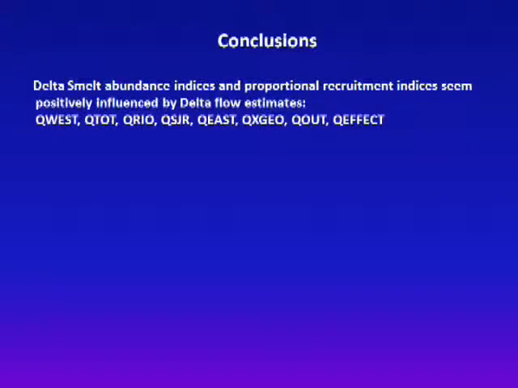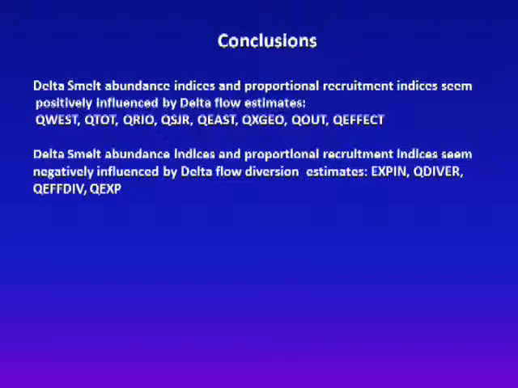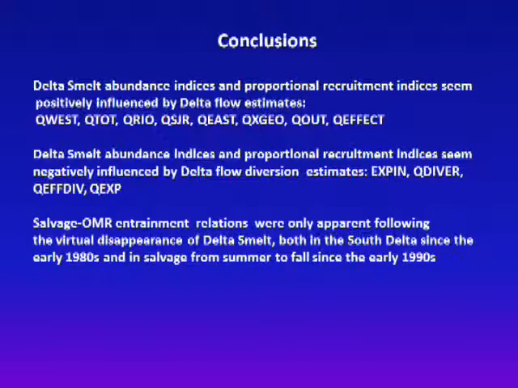So in conclusion, delta smelt abundance index and recruitment index seem positively influenced by delta flow estimates. The inverse happened for the diversion estimates that I showed. Salvage and entrainment relations were only apparent following the virtual disappearance of the species in the South Delta since the early 80s.